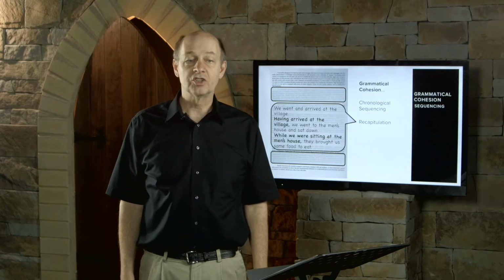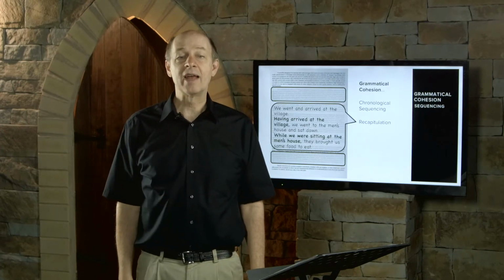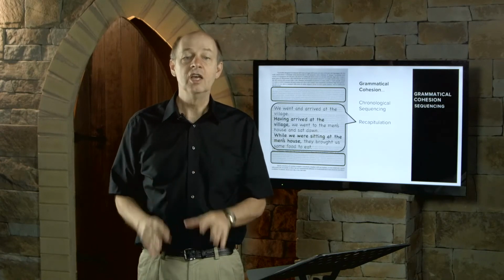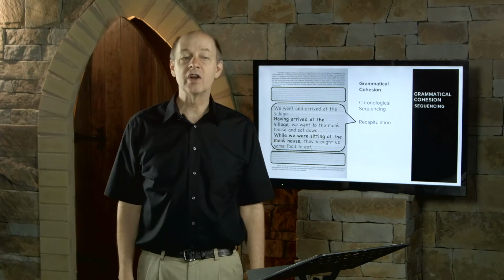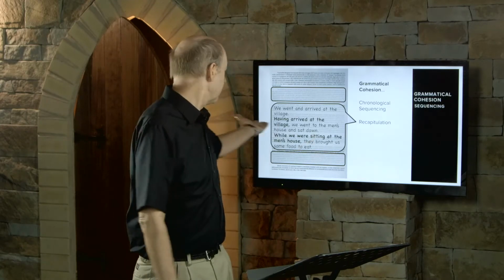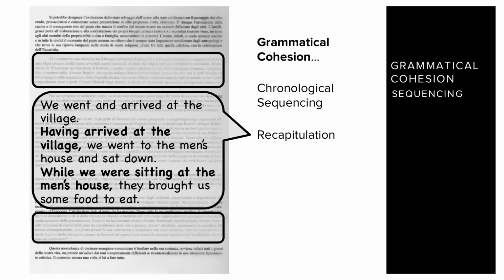In chronological sequencing, a common grammatical unit to mark the semantic cohesion is recapitulation. This is very common in the Lamogai language in Papua New Guinea. So here's an example from Lamogai. We went and arrived at their village. Having arrived at their village, we went to the men's house and sat down.